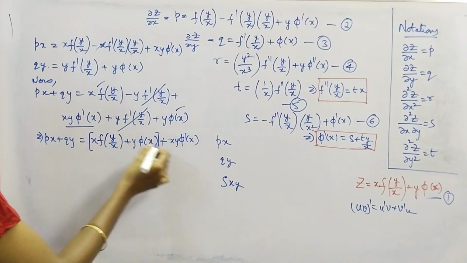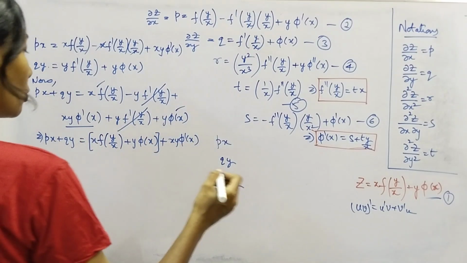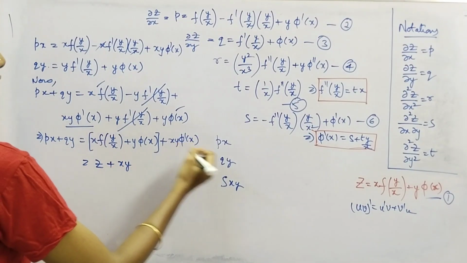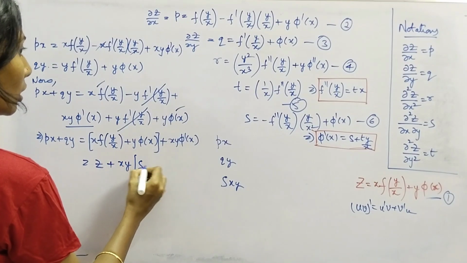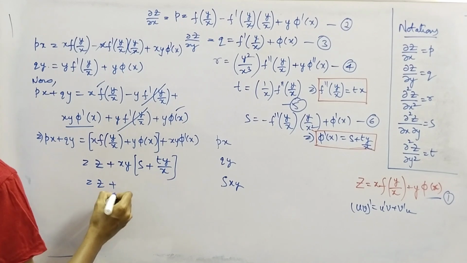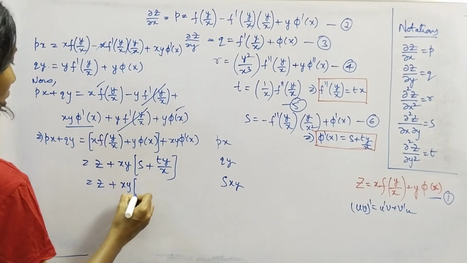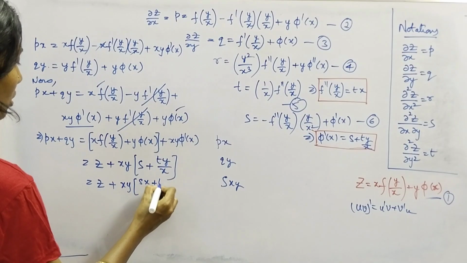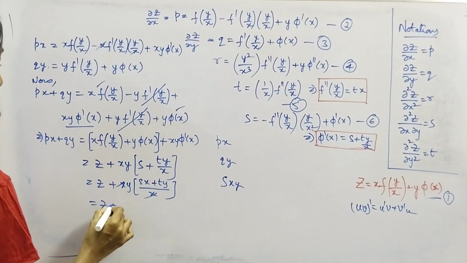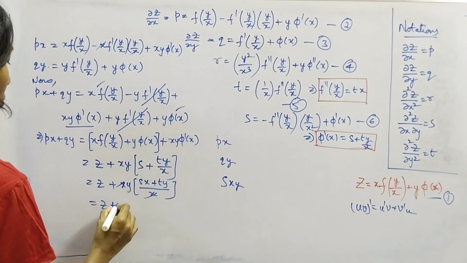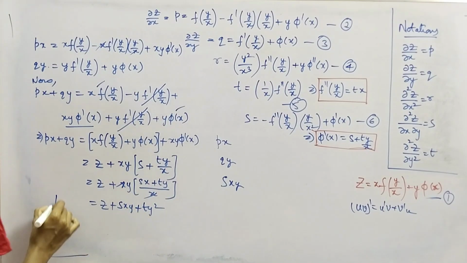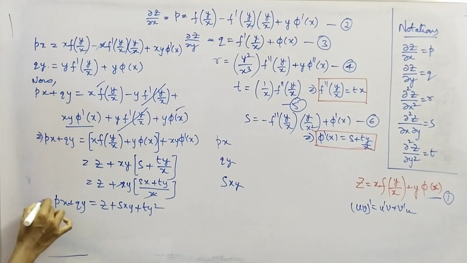Okay, we can replace x into f of y by x plus y into phi of x using z, and xy into phi dash of x can be replaced by s plus ty by x, right? Take the LCM, you'll have sx plus ty by x, where one x gets cancelled, and you'll get z plus sxy plus ty square. You got px plus qy equal to this.